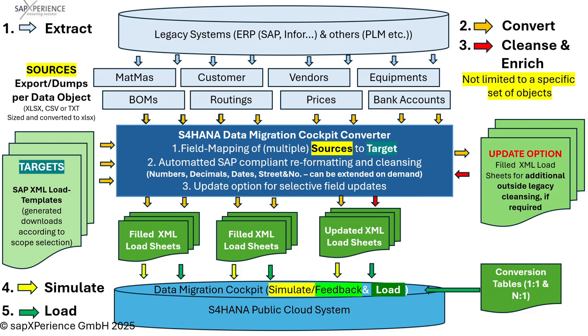It's very generic and it's helping a lot to get rid of manual filling the XML load sheets with data which you have already in your legacy ERP or any other systems and can be extracted into any format which can be converted into XLSX, because this is what the S4HANA data migration cockpit converter needs as an input. So how does it work?